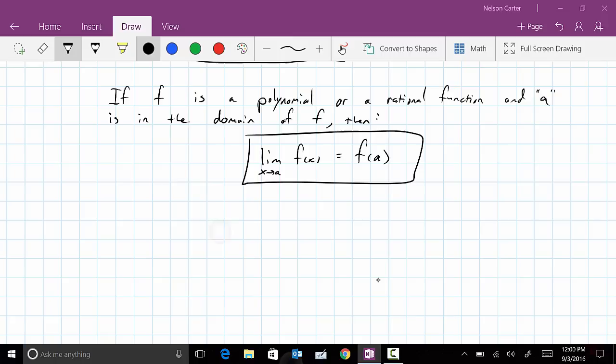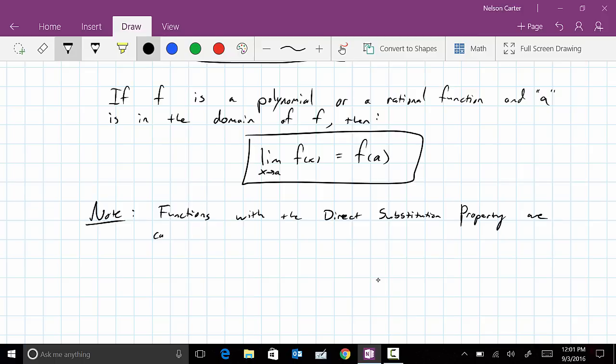Let me give you a note here to plant a seed. Functions with the direct substitution property are called continuous at a.